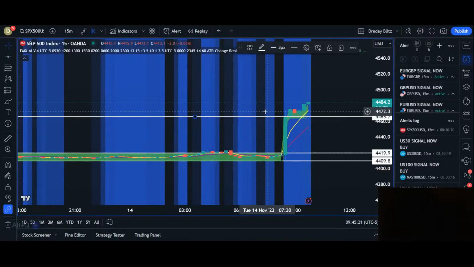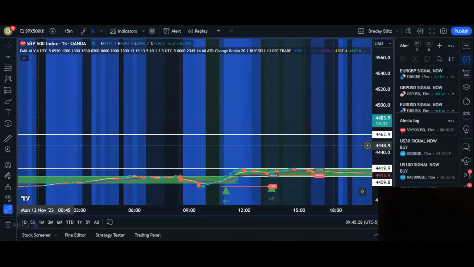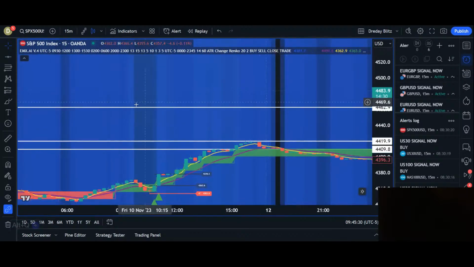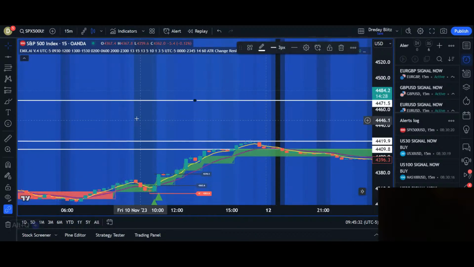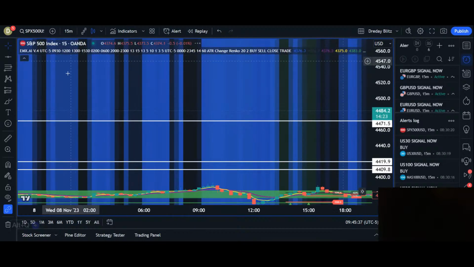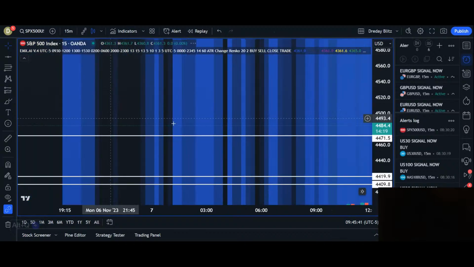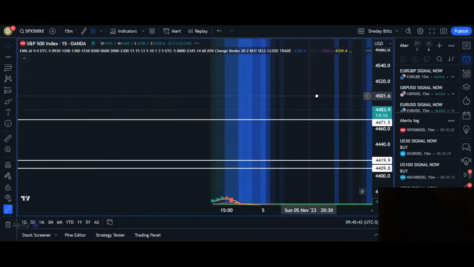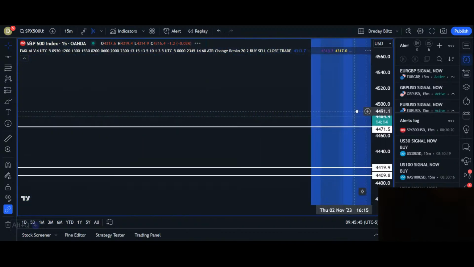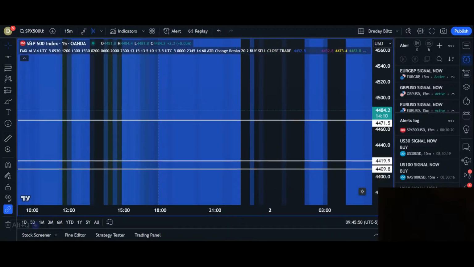So we have a big zone here. And if we go back in the past, oops, I'm gonna recalibrate that after. So if we go back in the past for S&P 500, we should see price going a Renko zone.